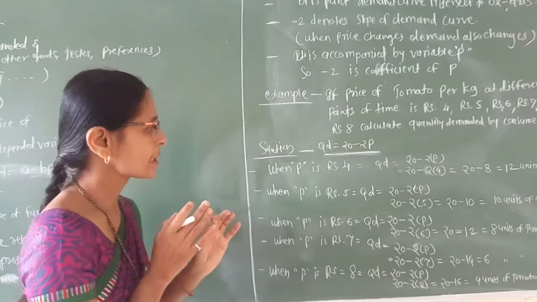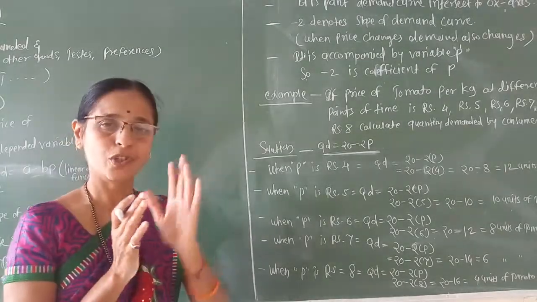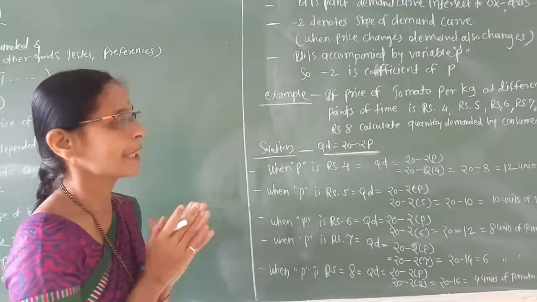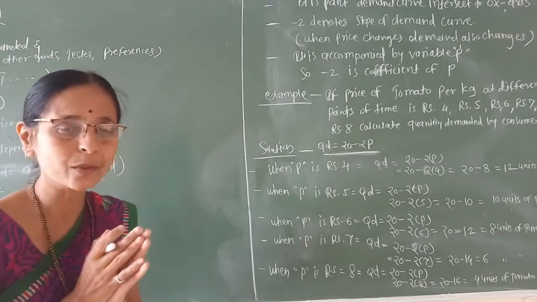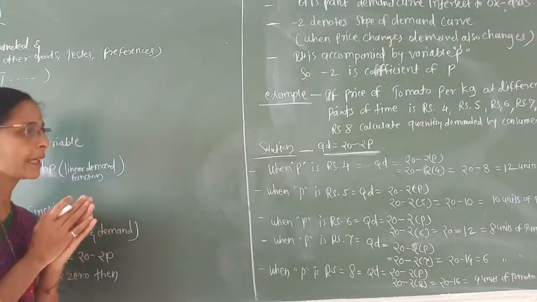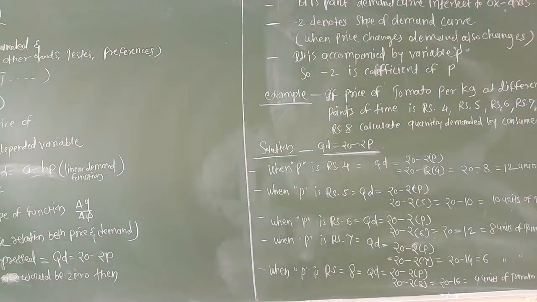Price is the independent variable and quantity demanded is the dependent variable, because our demand depends upon the price of the commodity.